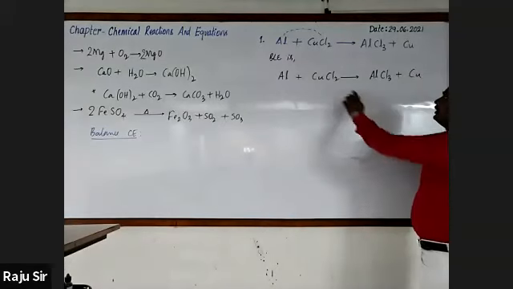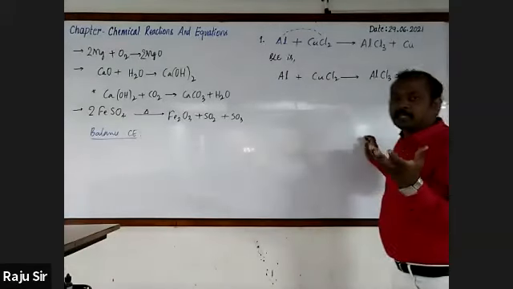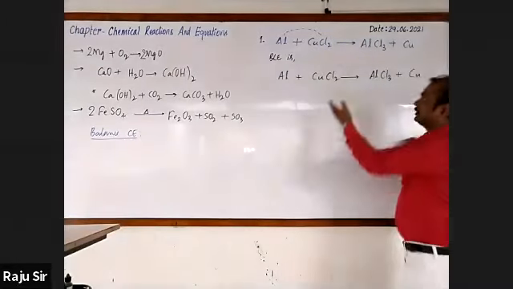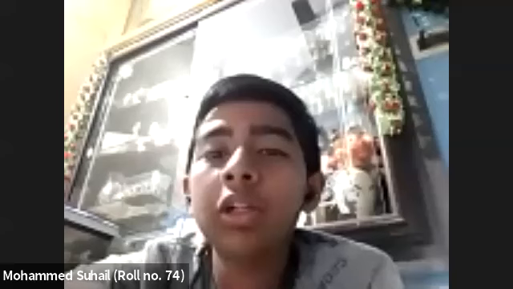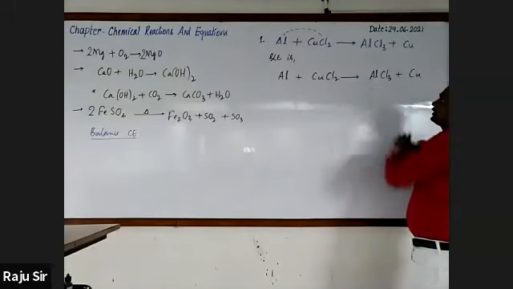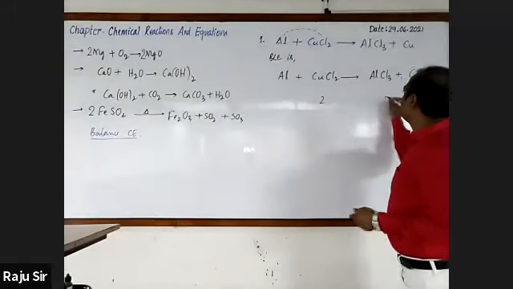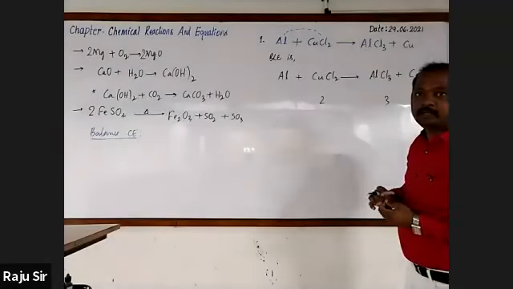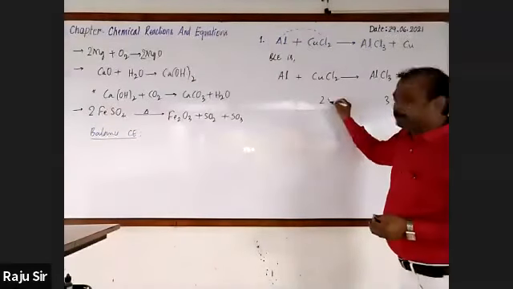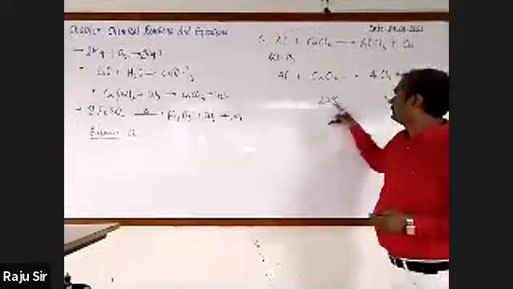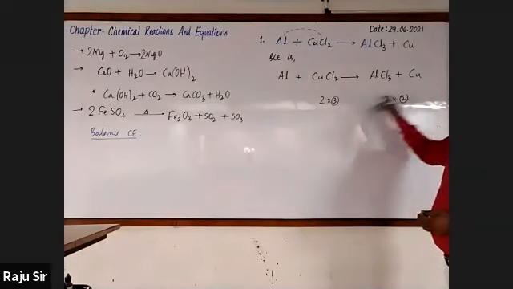You just observe here, which element has maximum number of atoms. Just by observation, you know it is chlorine. Here 2 atoms are there, here 3 atoms are there. Now they should be balanced. How do you go for balancing? Multiply 2 by 3 and 3 by 2.